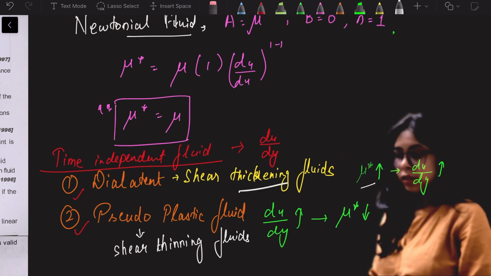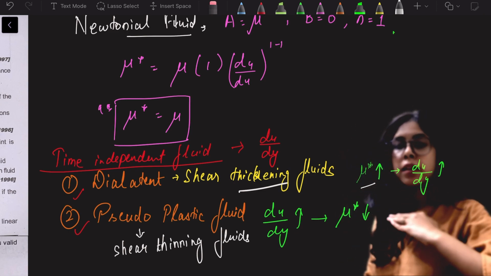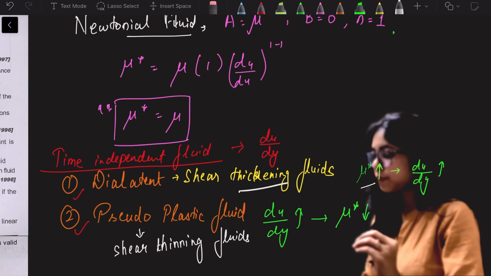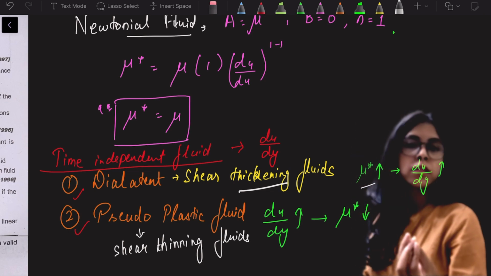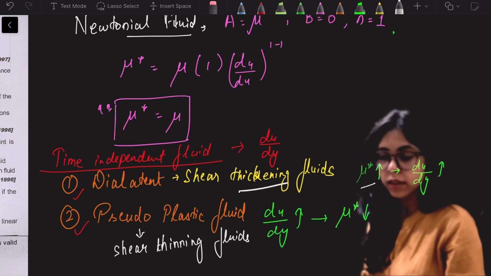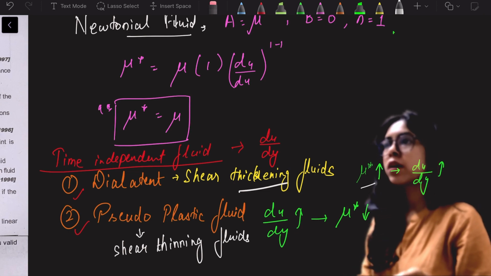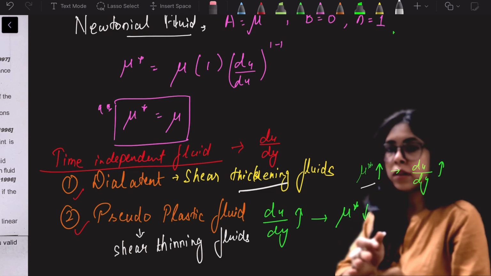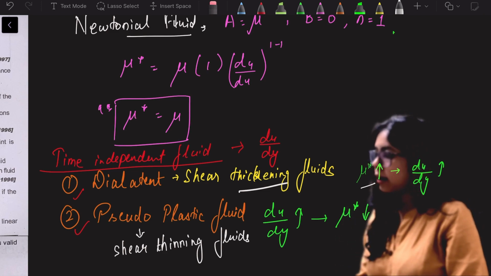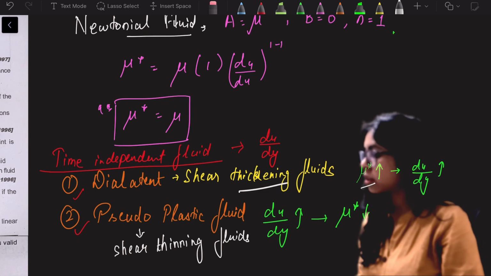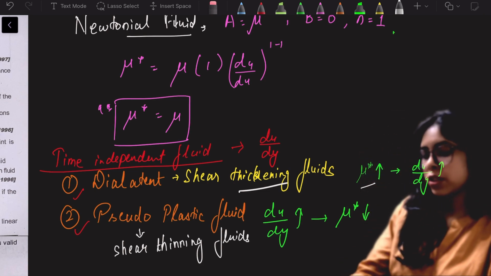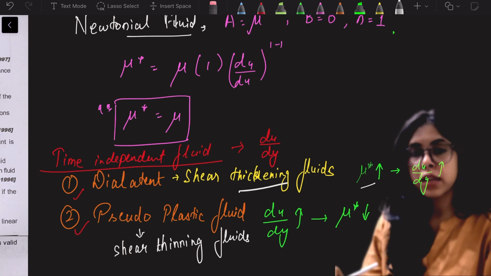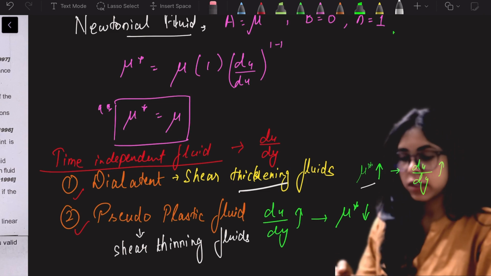For example, a suspended starch solution: if we give more velocity gradient, the starch will become thick. Sand and sugar solution, everything is increasing viscosity with respect to the velocity gradient.